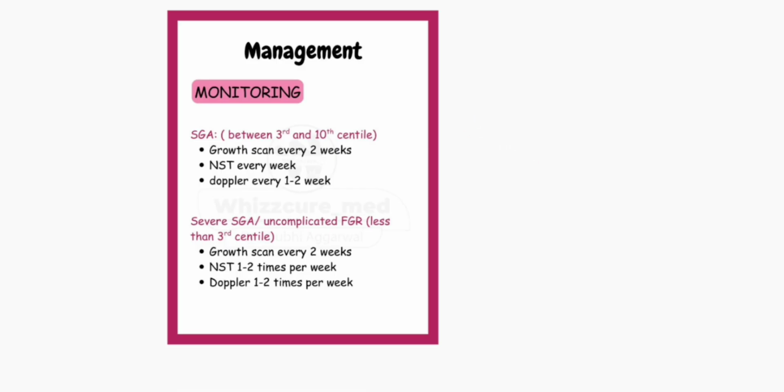Now coming on to the management. So the first step of management is monitoring. How will you monitor the patient if the patient is SGA, that is between 3rd and the 10th centile without any abnormal Doppler? Then we will repeat their growth scan every 2 weeks, NST every week and Doppler every 1 to 2 weeks. This is when without any Doppler changes.